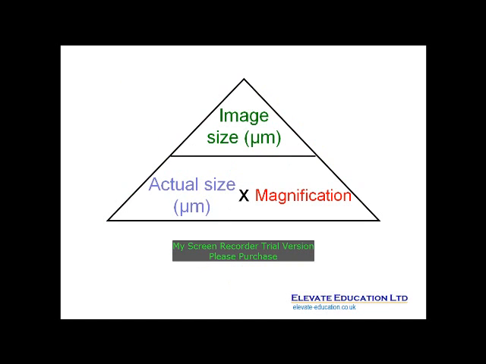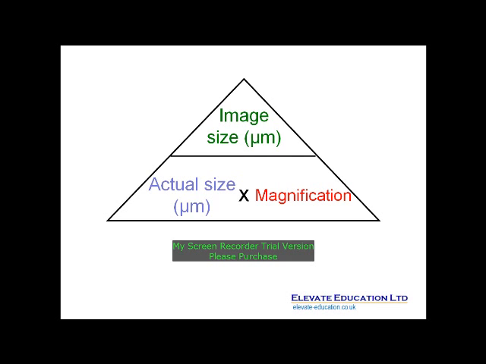In the rest of this video we're going to be looking at how to calculate magnification. To do this there are 3 terms that we need to understand. The first one is that of image size. When we're talking about image size, we mean how large an image is. So, if we are looking at a picture of a cell, the image size is how large the picture is.